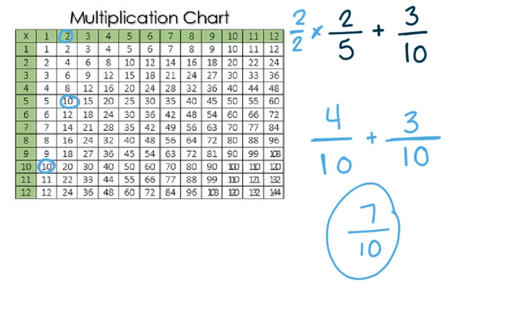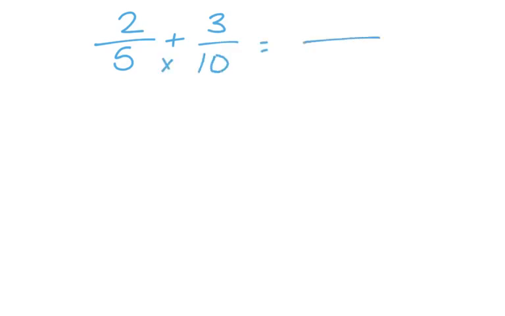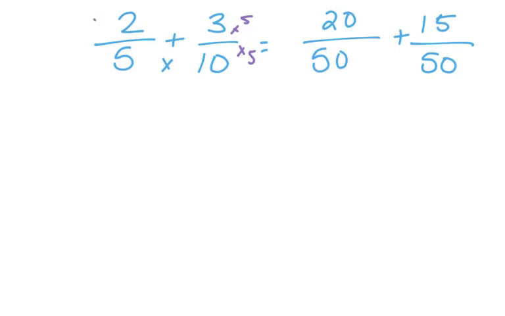Okay? Now, let me show you the difference here. Because you could have done this. 2/5 plus 3/10. You could have multiplied and gotten 50. Okay, because here we multiplied by 5, here we multiplied by 10.